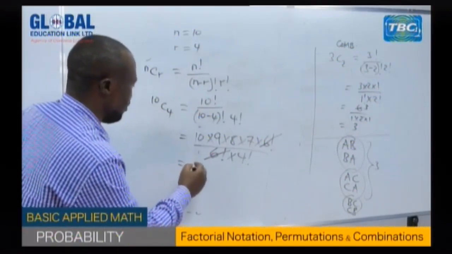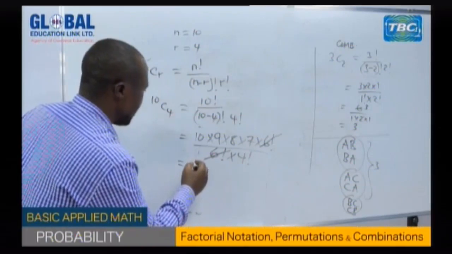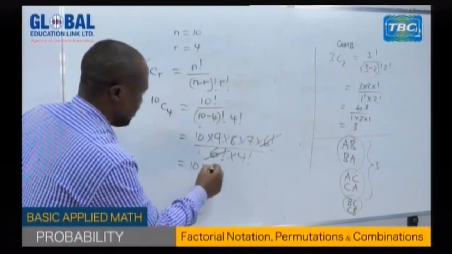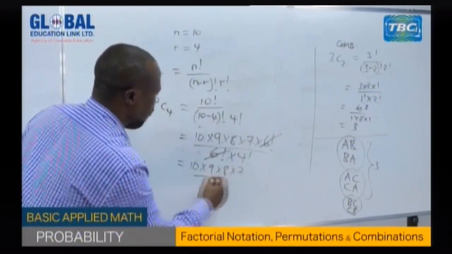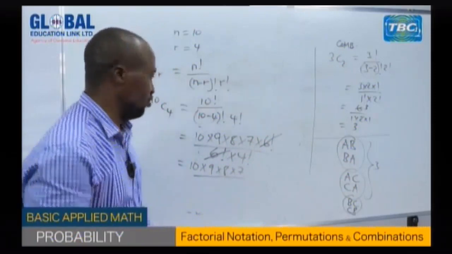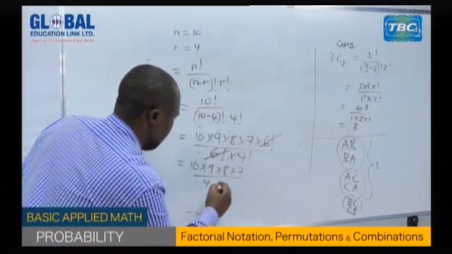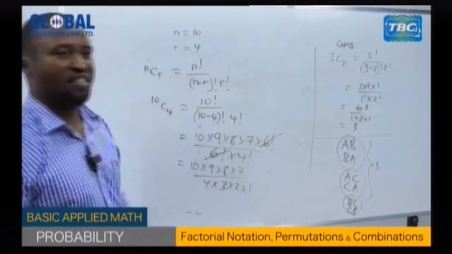So we are going to remain with numbers without factorial in the numerator side. That is 10 times 9 times 8 times 7 over, for the denominator side we have 4 factorial, which is the same as 4 times 3 times 2 times 1.